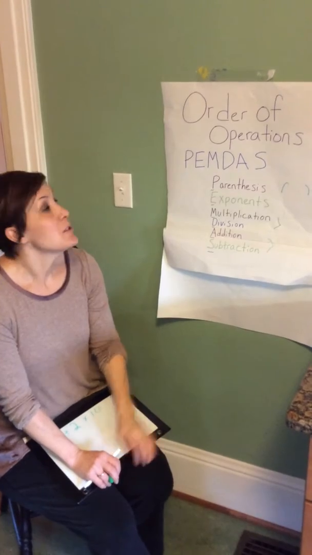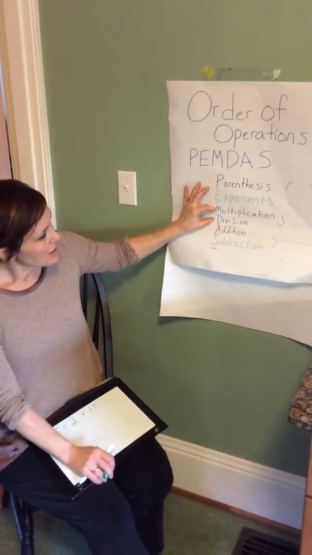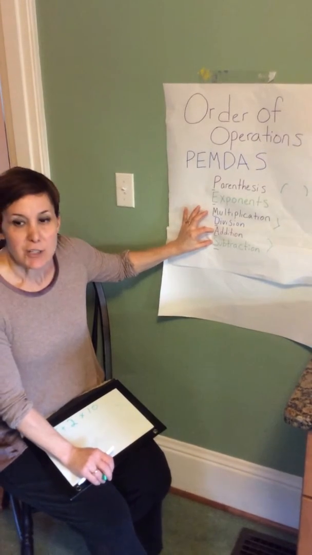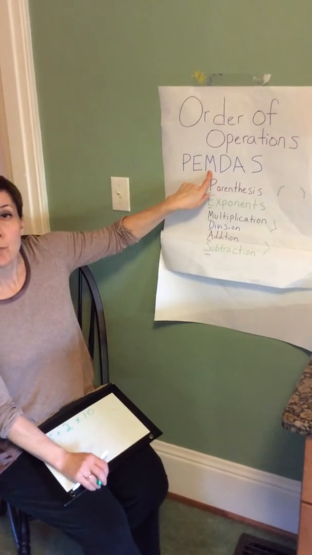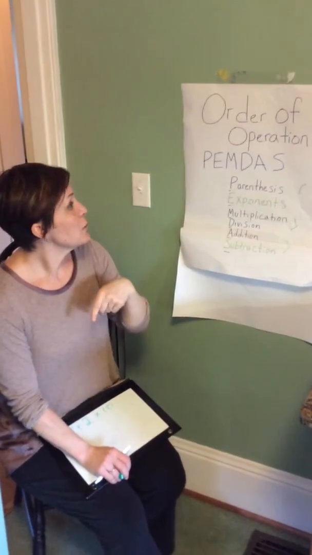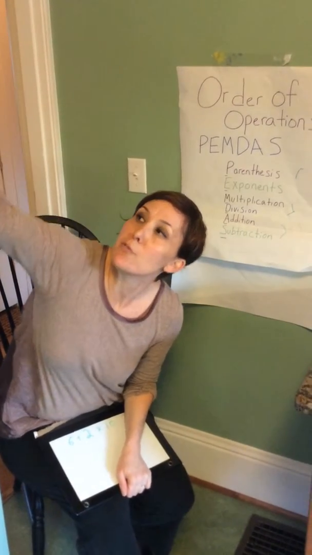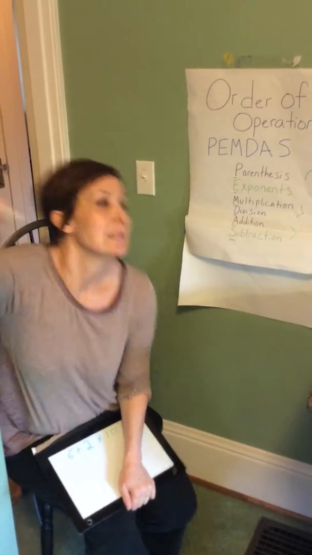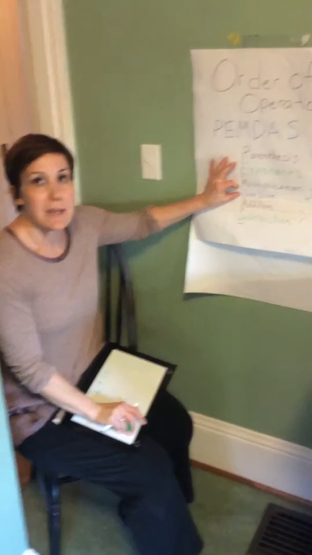One tricky thing to know about PEMDAS is the multiplication and division, and addition and subtraction. When you look at PEMDAS, you might think the multiplication comes before division, so when I'm doing a problem, I would do my multiplication before my division. However, these actually mean they're the same step.